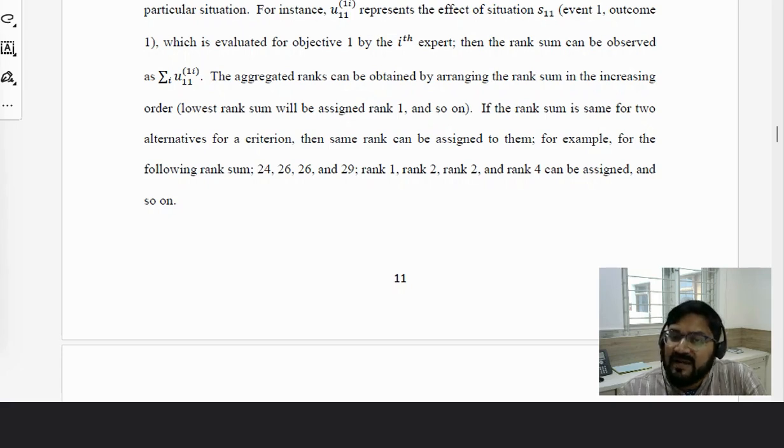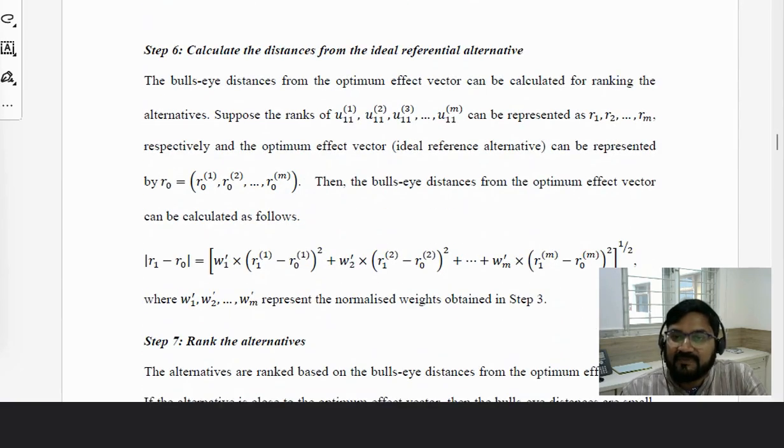If two values are the same, you assign the same rank to them. So if the values are 24, 26, 26 and 29, then you take 24 as rank 1, 26 and 26 for the second and third you give the same rank, that is rank 2, and for 29 you don't assign rank 3, now you have rank 4. Okay, so this is how we will be doing the evaluation.